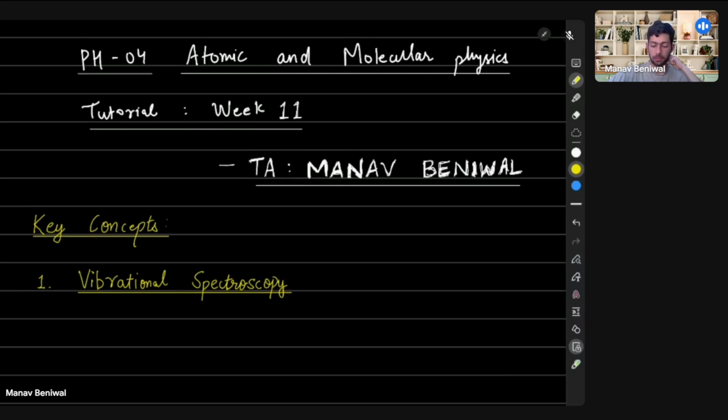As the name suggests, this involves study of vibrational energy levels of molecules. Mostly we will focus on diatomic molecules as discussed in the class. These molecules can vibrate at some specific frequencies, and transition between these energy levels is what we observe in spectroscopy. The spectra that we observe is coming because of transitions in different energy levels of vibration modes.